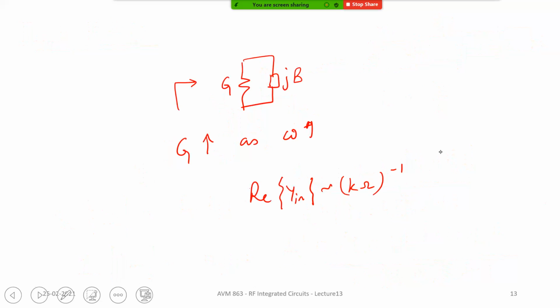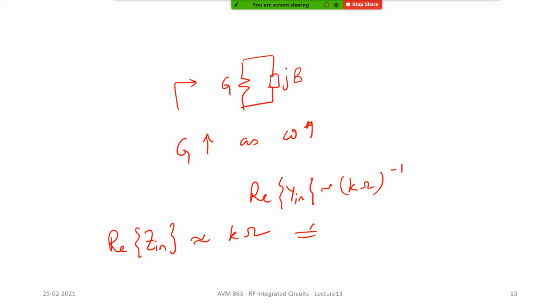If you look at the real part of Zin, let's say it is in the range of kilo ohms, so it is nowhere close to 50 ohms. So we have to do something to establish 50 ohms at the input. So how do we do that? We will see in the next class.